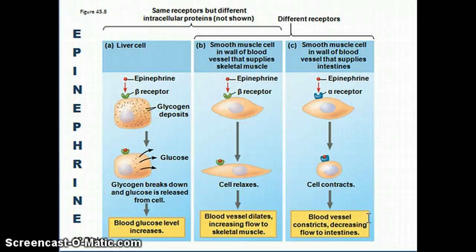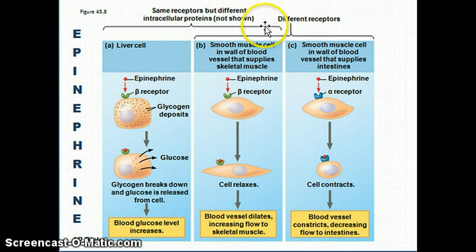So depending on where the receptor has been located, in this case we have two different receptors. There's a beta receptor or an alpha receptor on the muscle cell, and it's going to cause either that muscle cell to relax or to constrict or contract. So this is a case of different receptors.